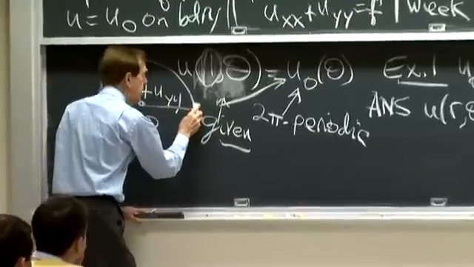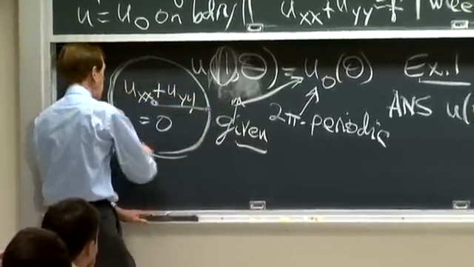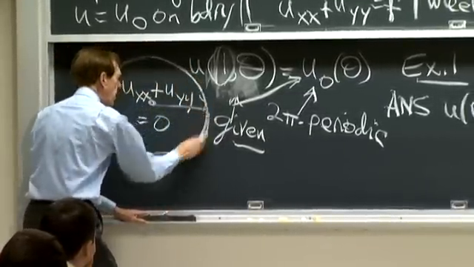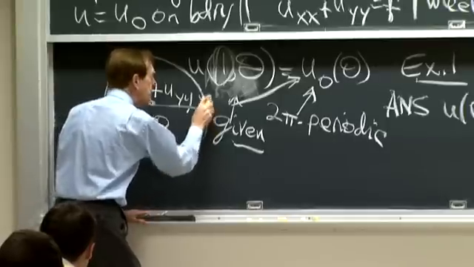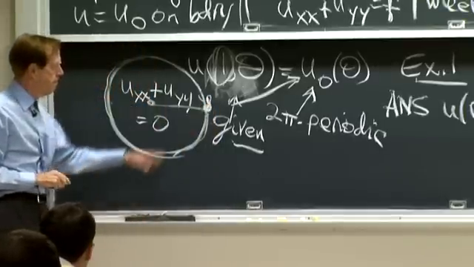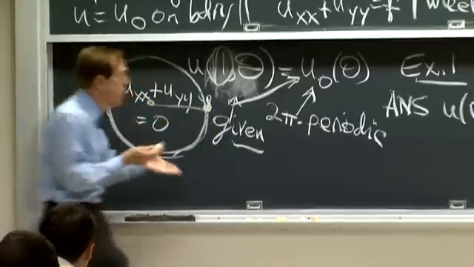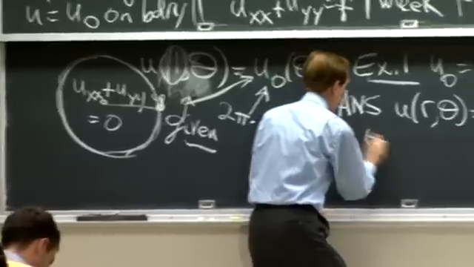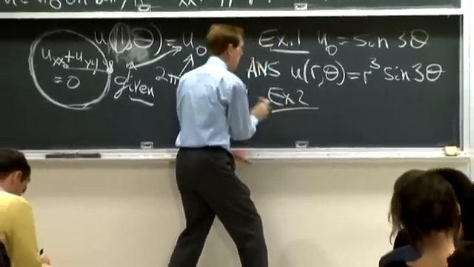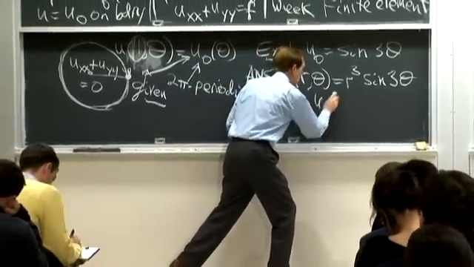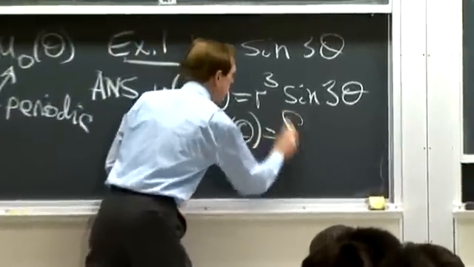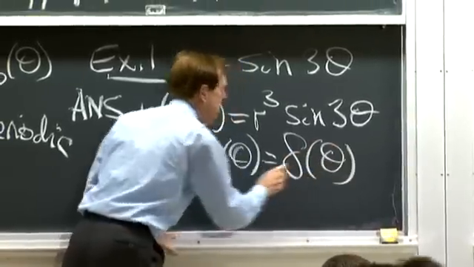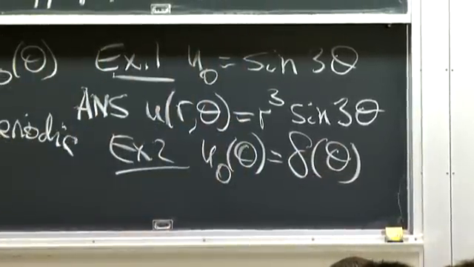I could say that on the boundary, the temperature is 0 everywhere, except at that point it spikes. So example 2, and I won't do it in full, would be u0 on the boundary equal to a delta function. A spike at that one point.